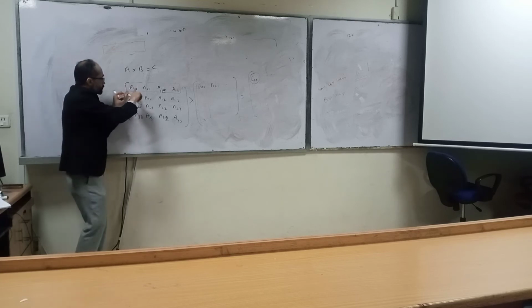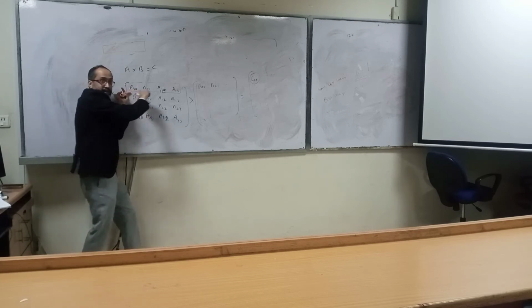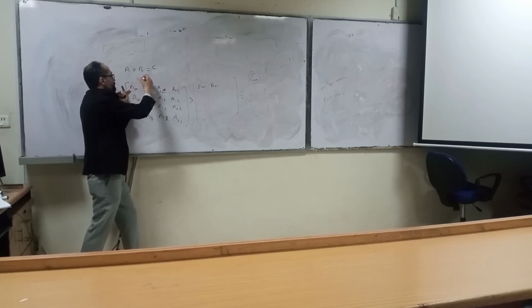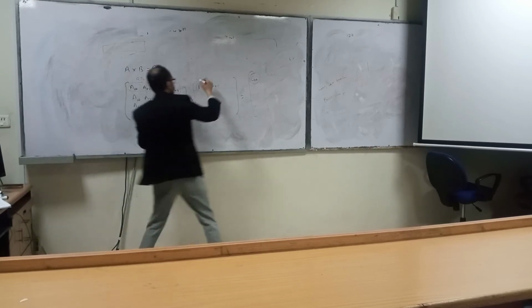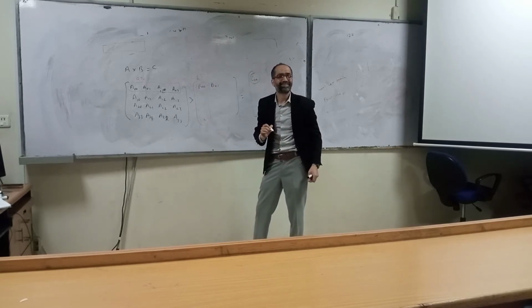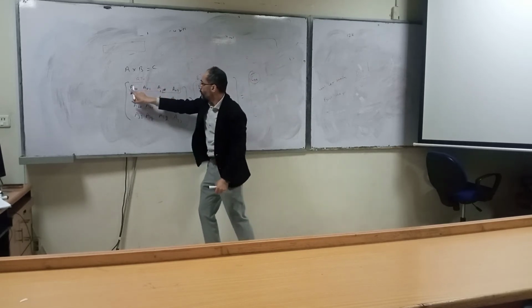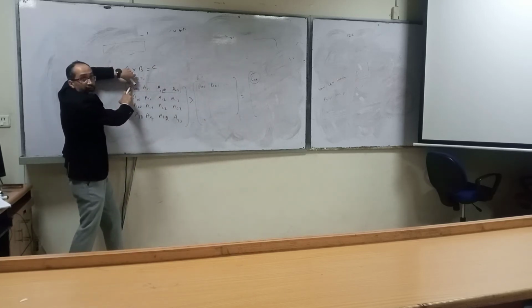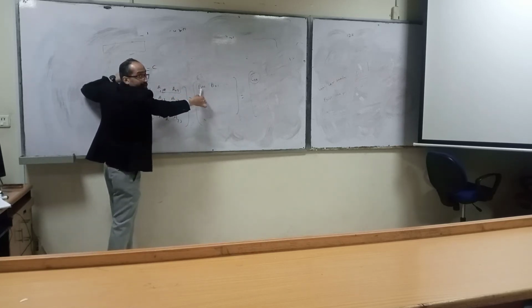So if you store this racetrack memory in this fashion, first you access this in racetrack 0 and then you access this in racetrack 1. When you access, your port is aligned with A00, so in that case the port will be aligned with B00.